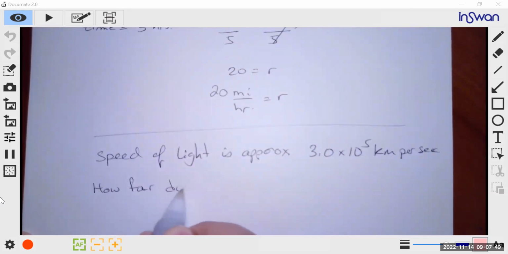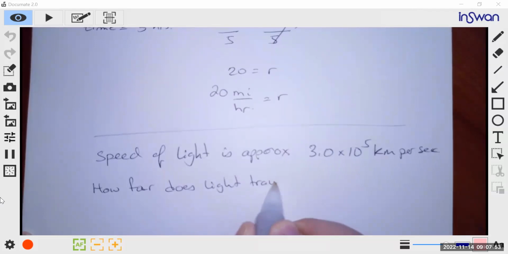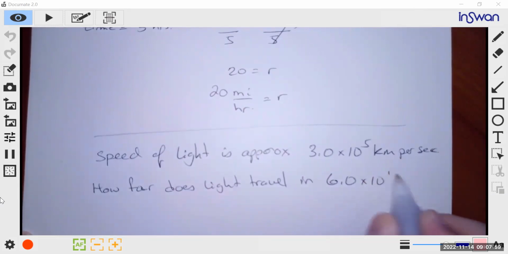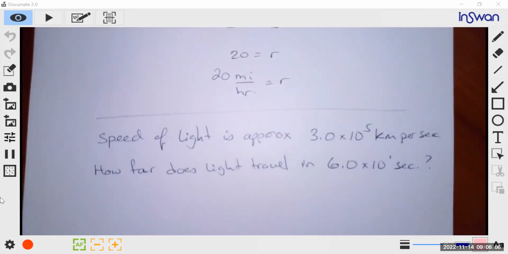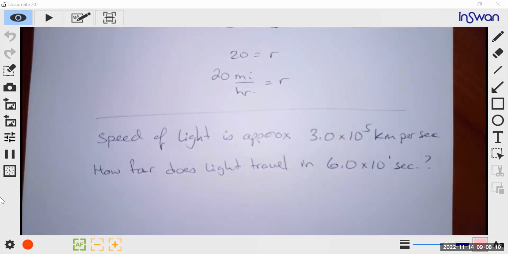How far does light travel in 6.0 times 10 to the 1st seconds? In other words, how far does it travel in 1 minute? In 60 seconds.